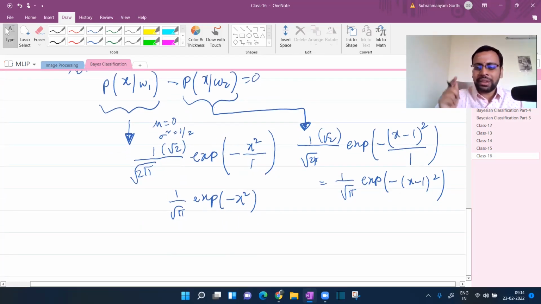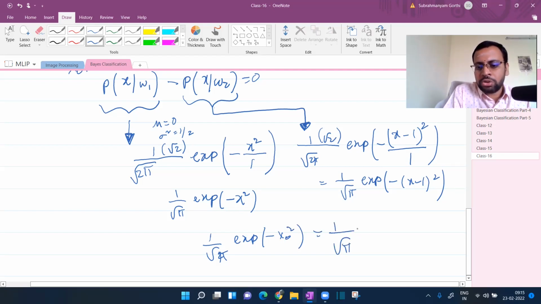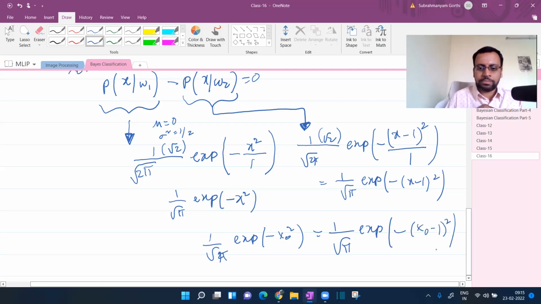So these should be equal here. When they are equal, that will give me the value of x naught for which both are equal, or the value where these two are intersecting. So how do I get that now? Let that x be x naught. So 1 over root pi into exponential of minus x naught square is equal to 1 over root pi into exponential of minus x naught minus 1 whole square.